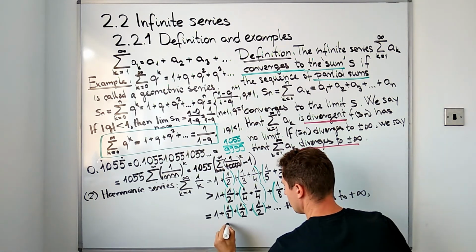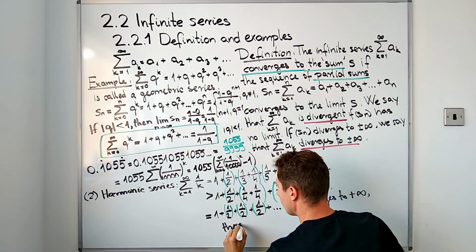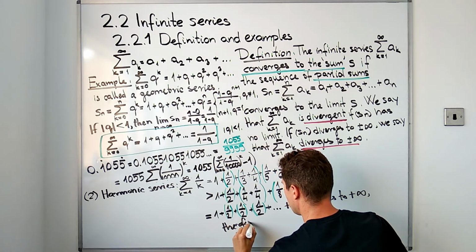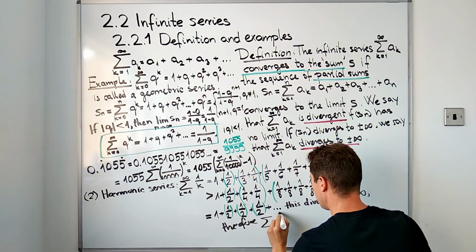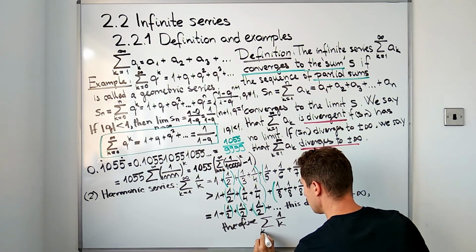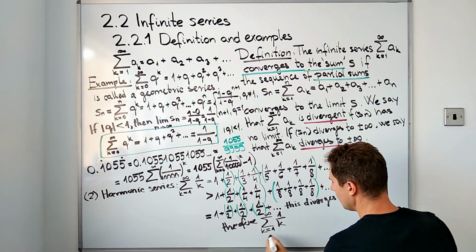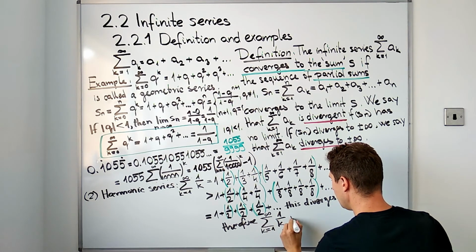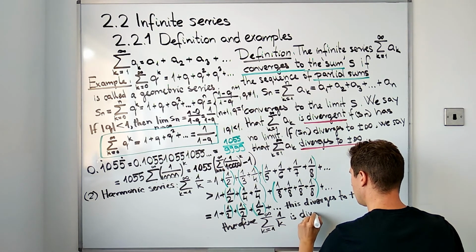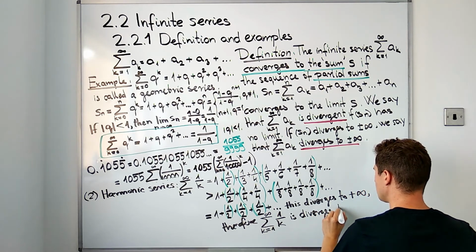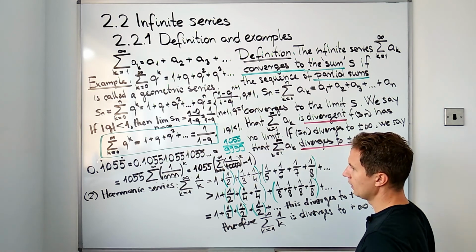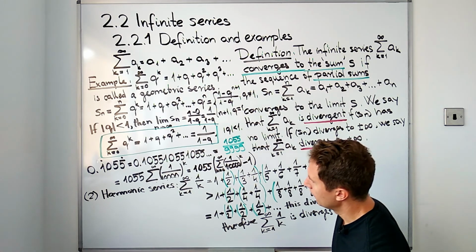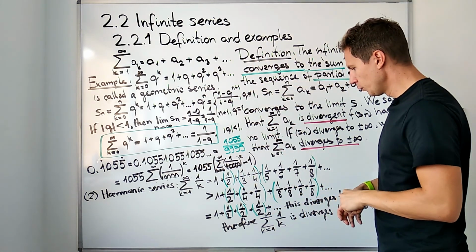Therefore, the sum, that is the harmonic series, the sum of 1/k from k equals 1 to infinity, is divergent. And it diverges to plus infinity. Okay, so this is a very nice result that we have proved here.